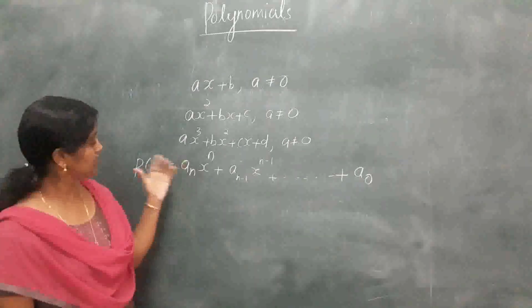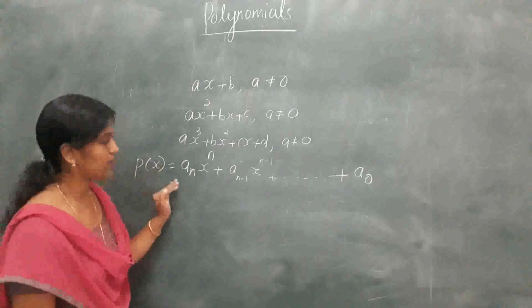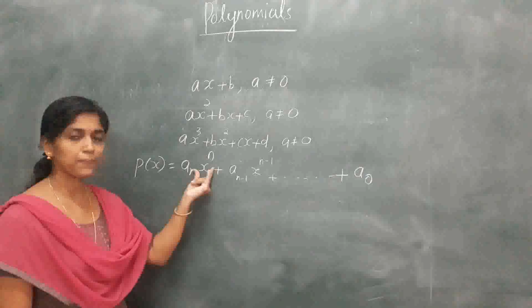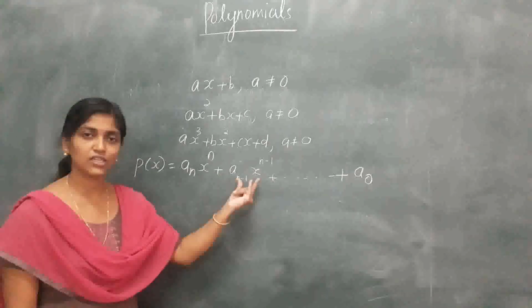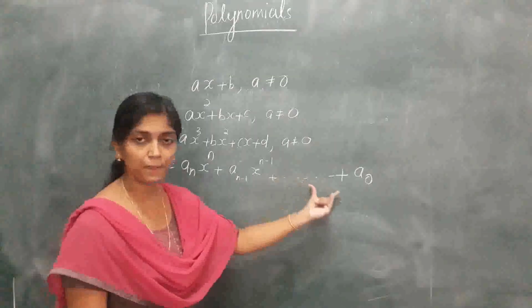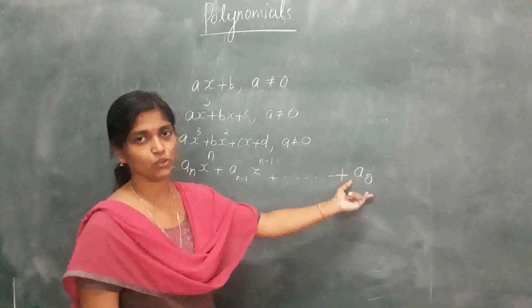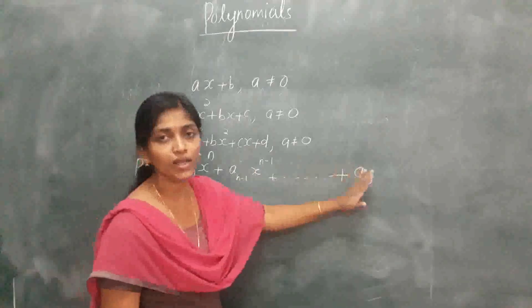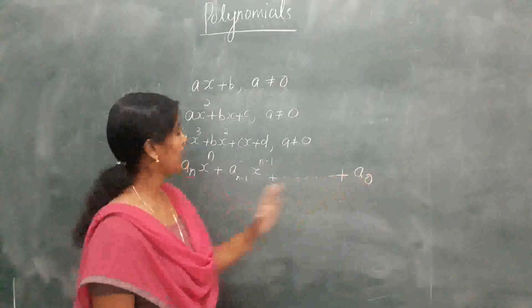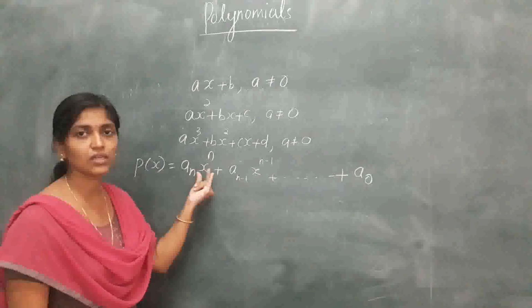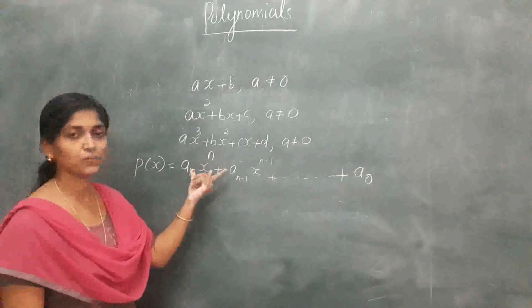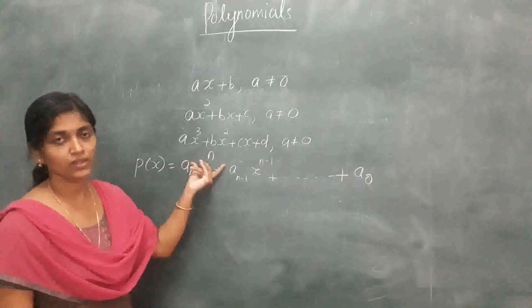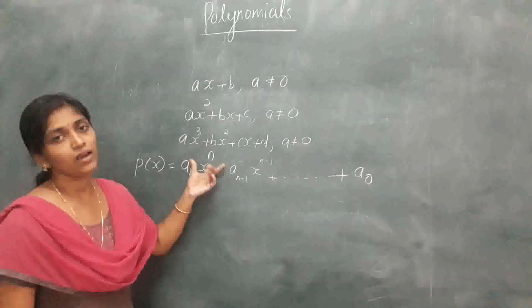The general form of the polynomial is a n x raised to n plus a n minus 1 x raised to n minus 1 plus and so on, plus a naught, where a n, a n minus 1, down to a naught are all real numbers, and the highest power of x, the degree of this polynomial, is n. That is the general form of a polynomial.